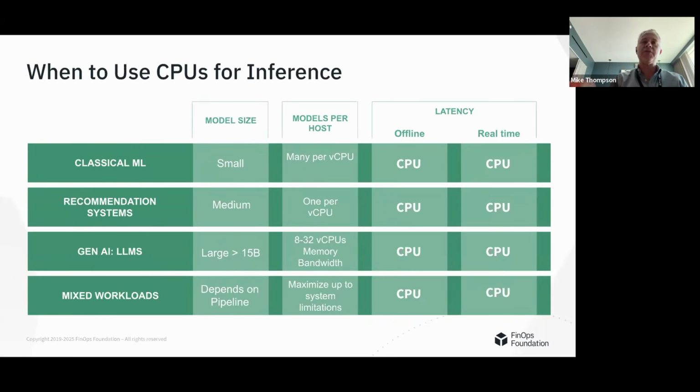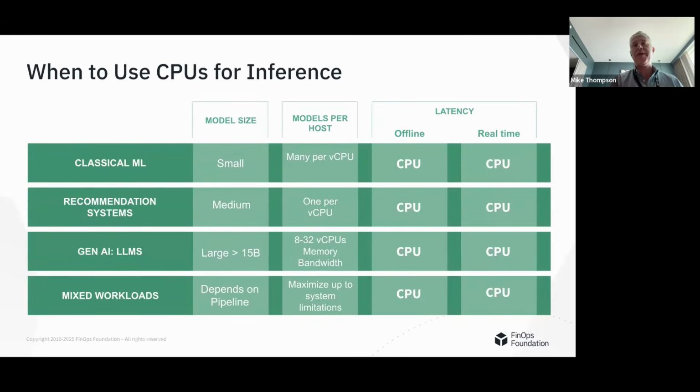There's a vast variety of models and applications that can run just fine on CPU, and that's what I'm trying to convey here. So roughly, if you have small or medium-sized models, or you don't have sensitivity to latency, it can make a lot of sense to run your inference applications, to run your AI models on CPUs. They're very highly available, and they tend to be a lot less costly than the equivalent GPU instances. Now, there are cases when you definitely need GPUs, but that's not all the time.